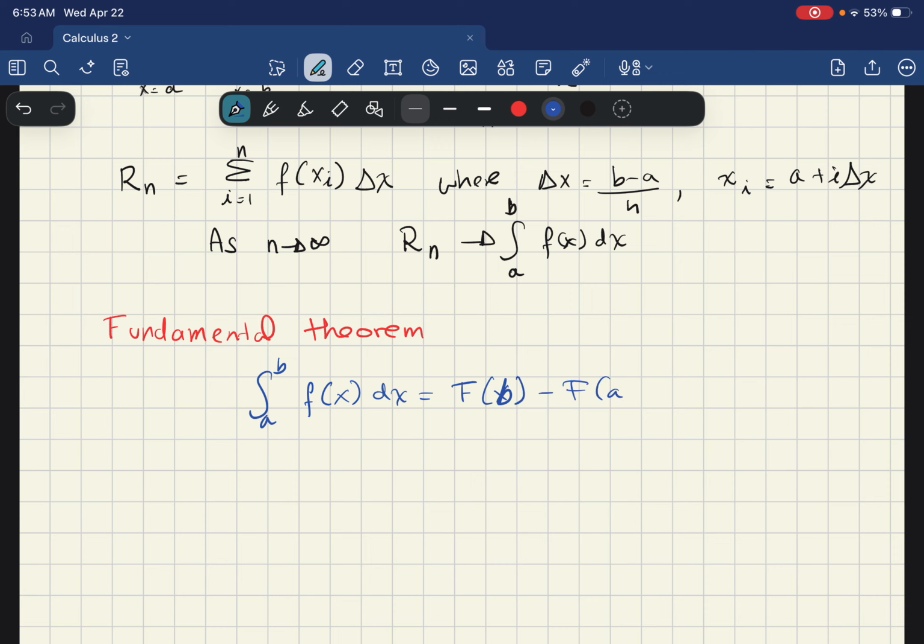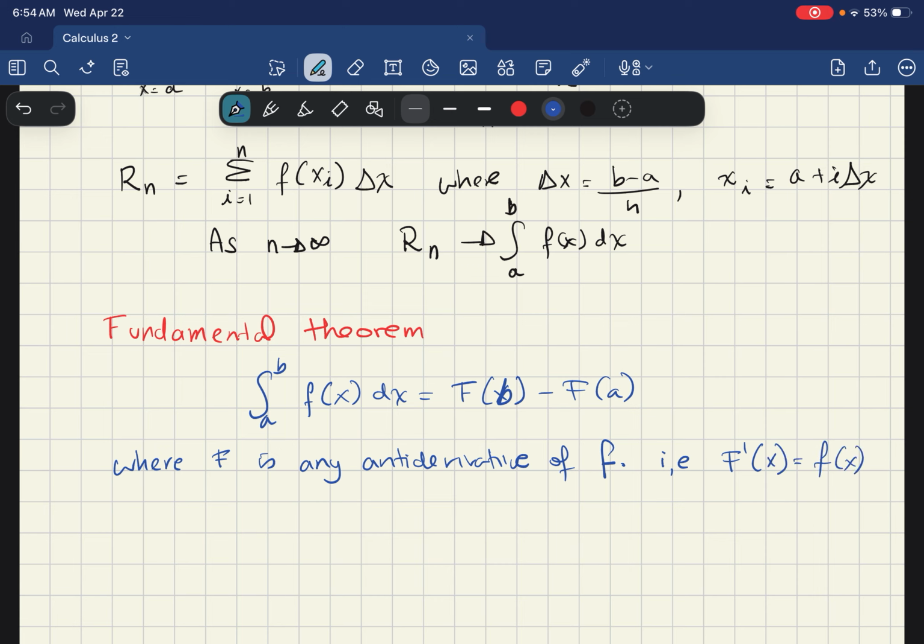Remember that when we use capital letters, that means it's the integral, where F is any antiderivative of f. So what we're saying is that F prime of x is equal to f of x.